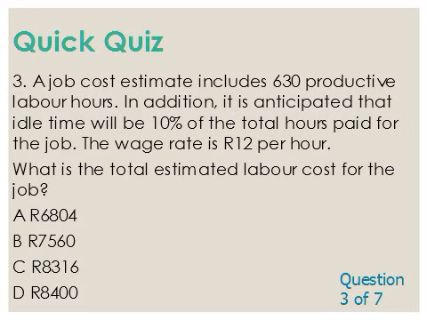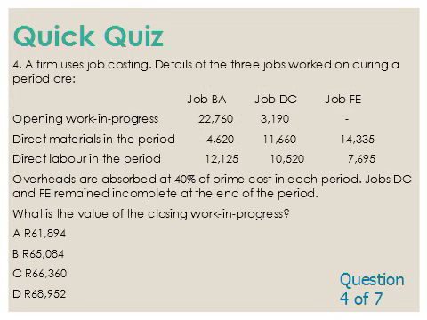D. 8,400 rands. Question 4. A firm uses job costing. Details of the 3 jobs worked on during a period are: for job BA, the opening work in progress is 22,760 rands, the direct materials in the period is 4,620 rands, and the direct labor in the period is 12,125 rands. For job DC, the opening work in progress is 3,190 rands, the direct materials in the period is 11,660 rands, and the direct labor in the period is 10,520 rands.